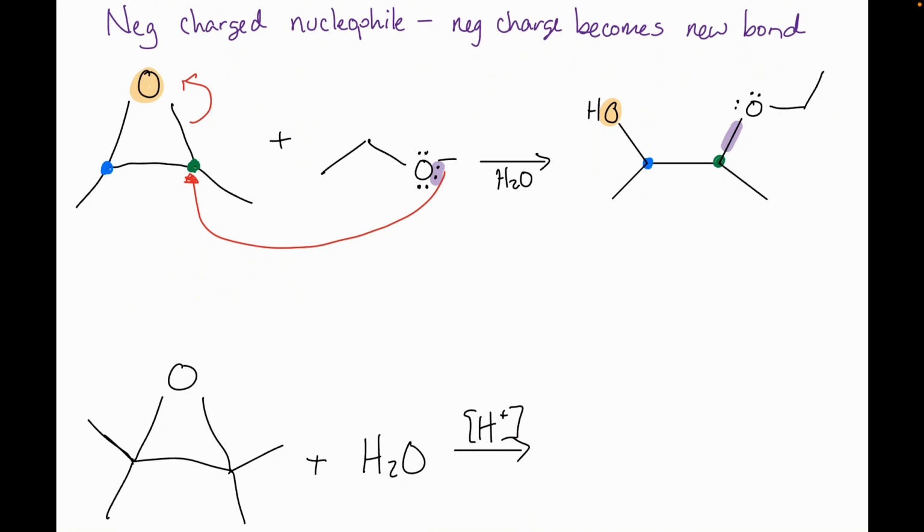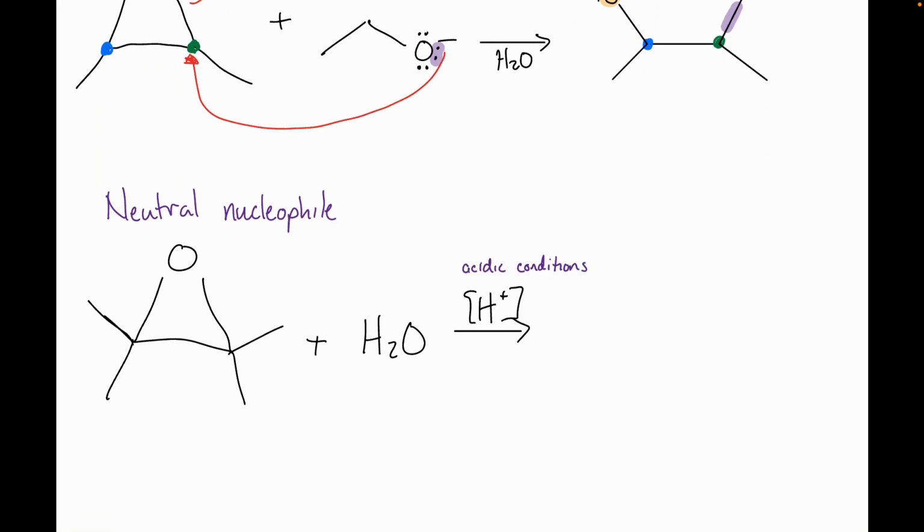Okay, we can also have neutral nucleophiles. In the case of epoxides, they'll react with neutral nucleophiles under acidic conditions. So that's what this H plus means here, just that we have acidic conditions. Okay.